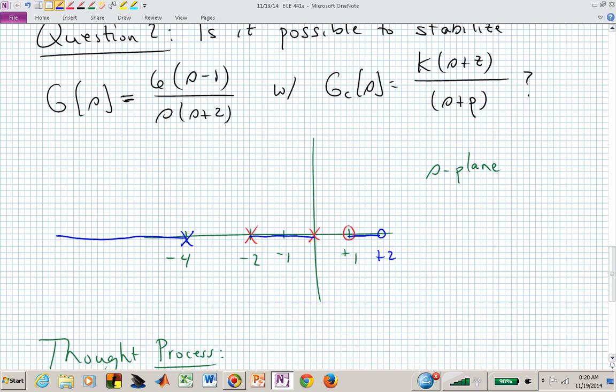And that's not consistent with these lines. We have 3 real axis line segments, but this line segment is really 2 branches of the root locus.